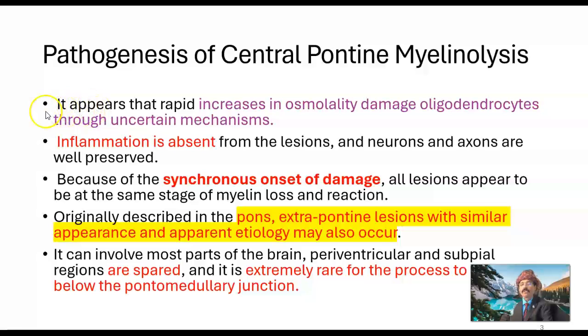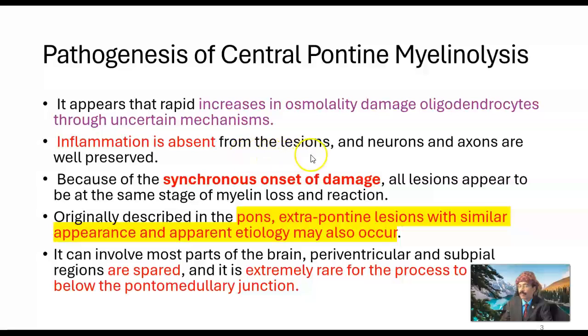Pathogenesis continued. It appears that rapid increase in the osmolality damages the oligodendrocyte through an uncertain mechanism. What is oligodendrocyte? Oligodendrocytes are a type of neuroglia which is very essential to form myelin around the axons of the central nervous system.